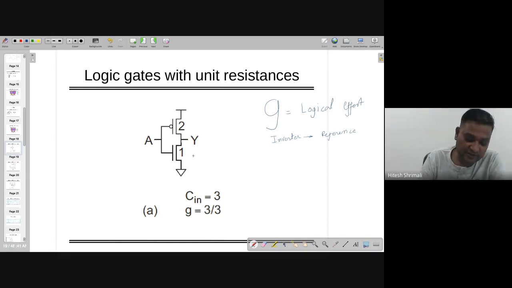As I'm using West and Harris, they are taking the ratio of 2. If you are looking at Rabaey, they are using the ratio of 3. But all the way, they want to say one thing, that with a particular ratio, you will have both equal resistances, and at the output you will have VDD by 2 when the input is also VDD by 2.